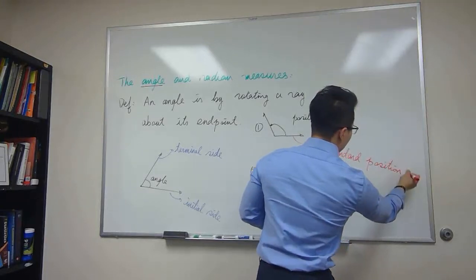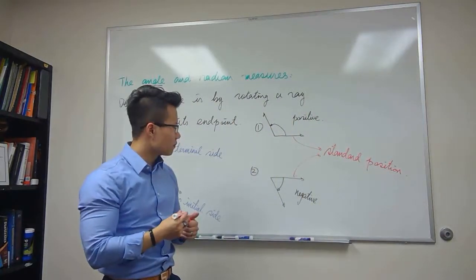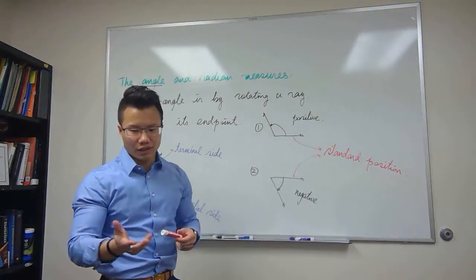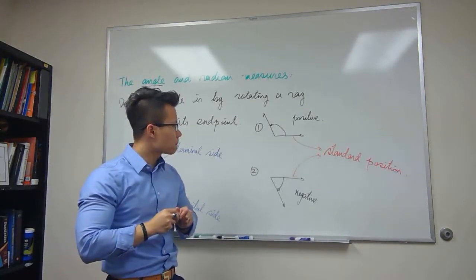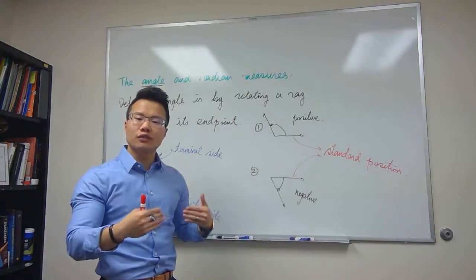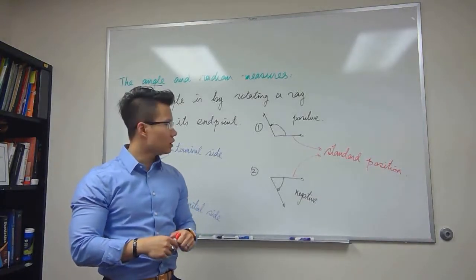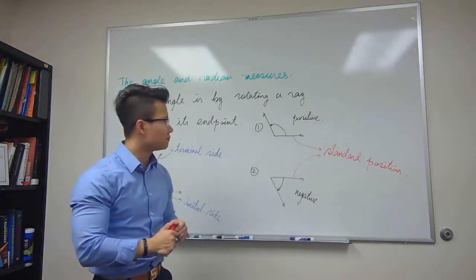Okay. So this position right here is what we call the standard position, and we're always starting at this point. Sometimes we will start with a different point, but that will not be the standard position. But most likely, we'll start with the standard position.